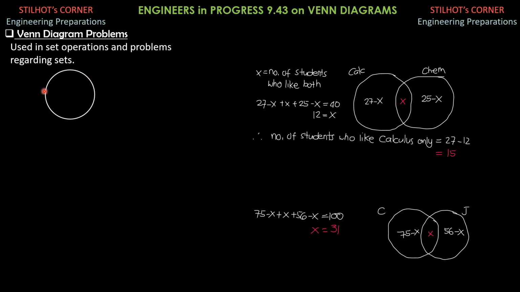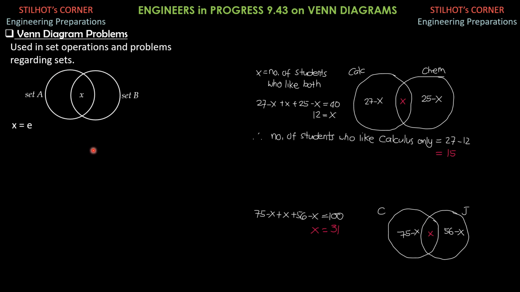So we have to denote the group in this circle here. And if they overlap, they belong to set A, for example, then we have set B. Then the members common to sets A and B are placed in this region here, common to both sets.